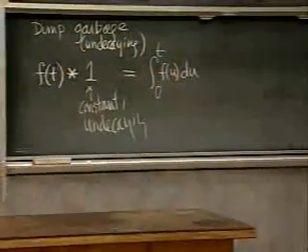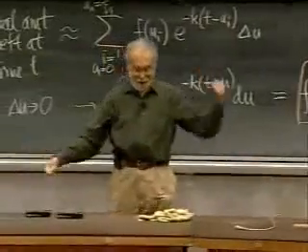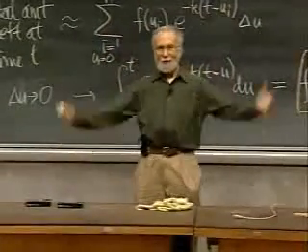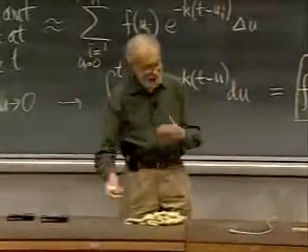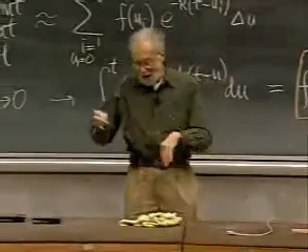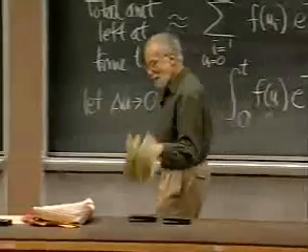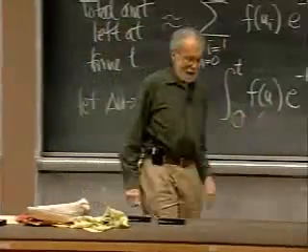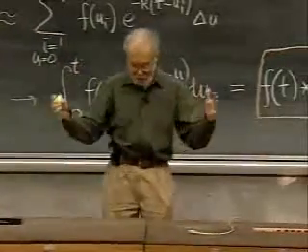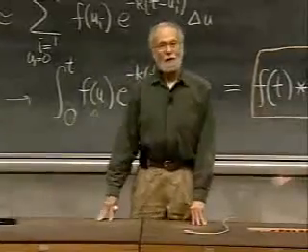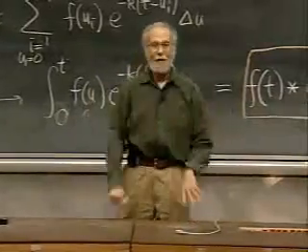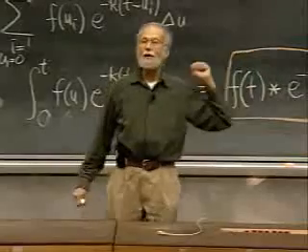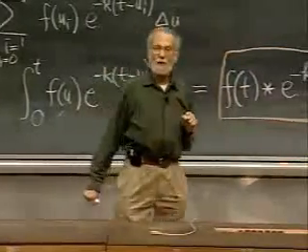If I dump with a dumping rate f of u, and I dump from time 0 to time t, how much is on the pile? They don't give it. They always give velocity problems and problems of how to slice up bread loaves and stuff like that. But this is a real-life problem. If that's the dumping rate, and you dump for t days, from 0 to time t, how much do you have left at the end? Answer, the integral of f of u du from 0 to t.